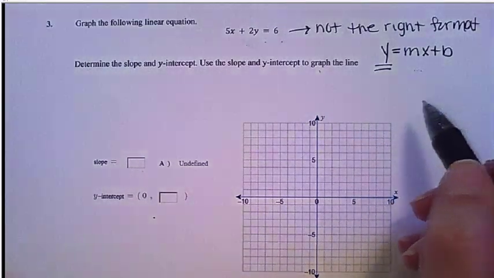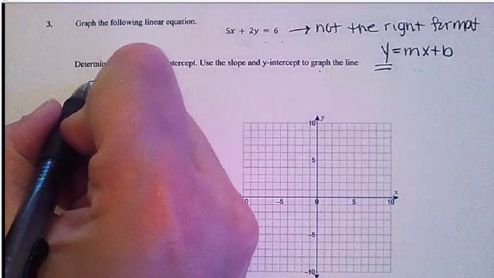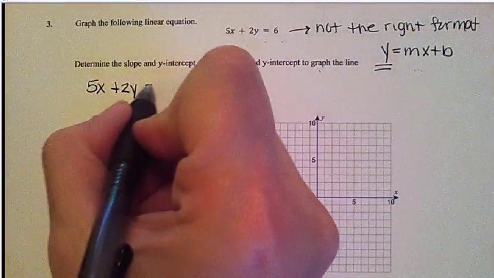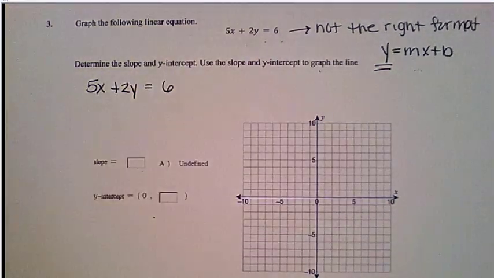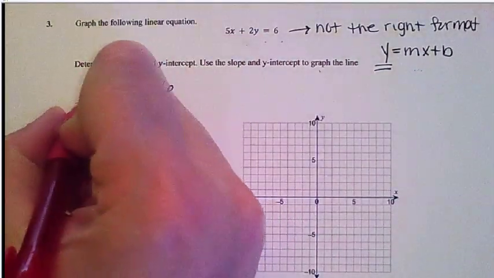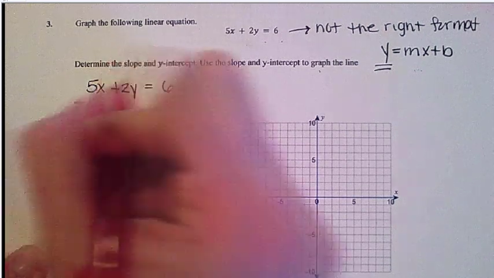It takes 2 steps to do that. So I'm going to write my problem out here. I've got 5x plus 2y equals 6. The first thing I want to do when I'm trying to solve for y is move the 5x. I've got to get this x out of the way first. So we're going to subtract 5x from both sides.